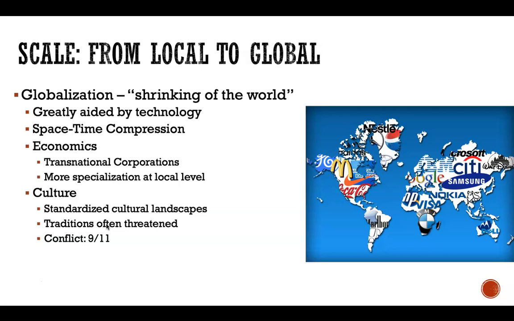Cheap imported goods really are very helpful to the American economy. All right, again, we look at culture as well, the second part of it, and we see standardized landscapes where everybody dresses the same, blue jeans are all over the world, things like that, right? And we see cultural, folk culture traditions being threatened by cultural imperialism and things like that.